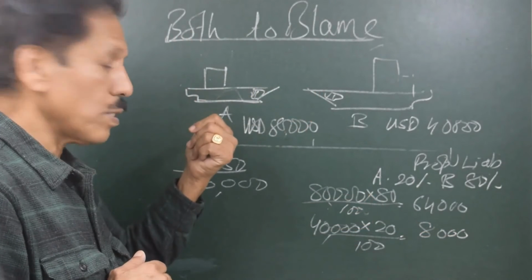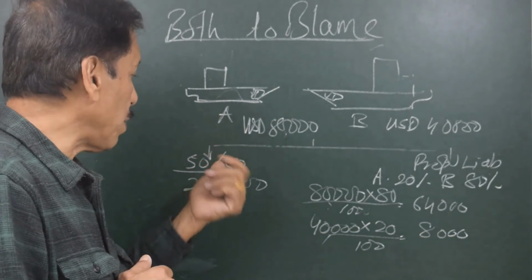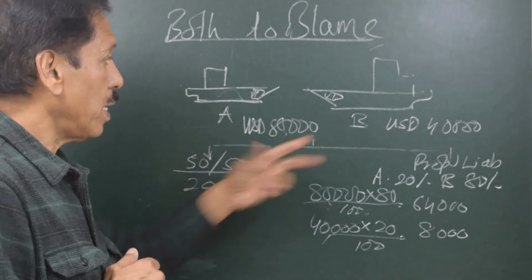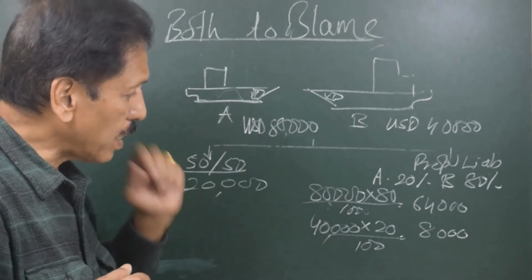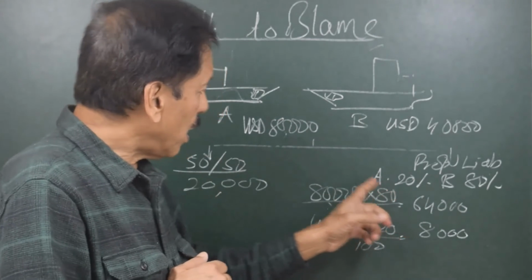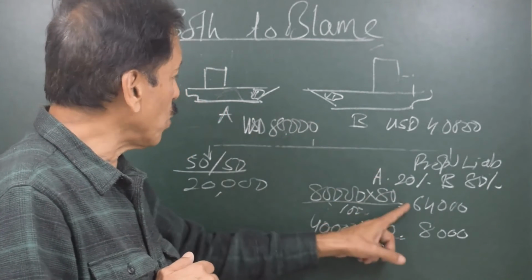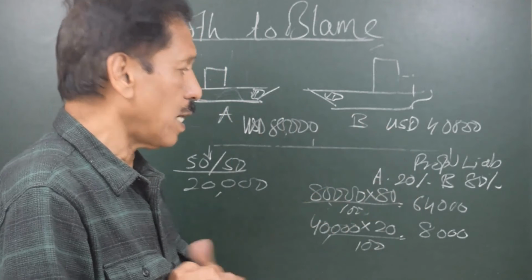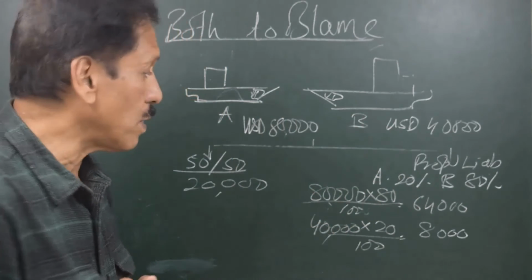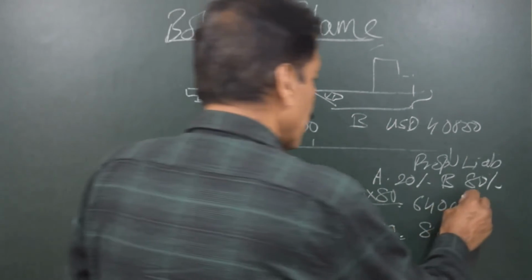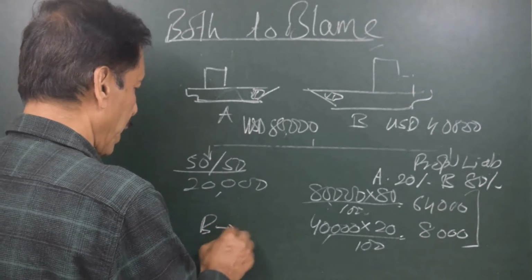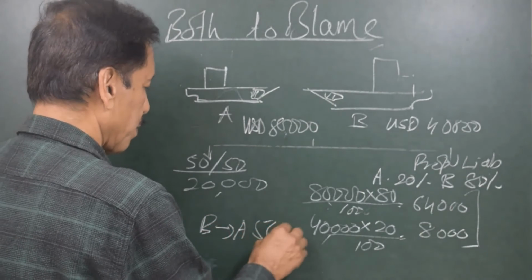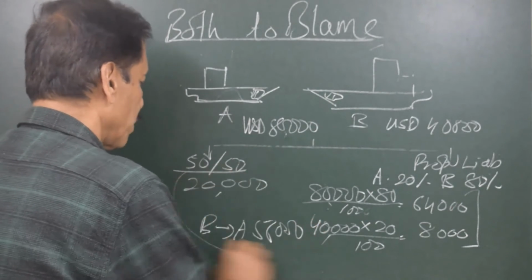So if the 50-50 liability principle was used, then B was paying A US dollar 20,000, but in this case, look at this, B pays 64,000 to A and A pays 8,000 to B. The difference is 56,000, right? So in effect, B pays A 56,000. Look at the difference.